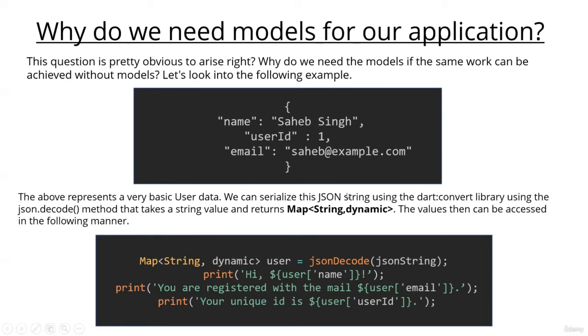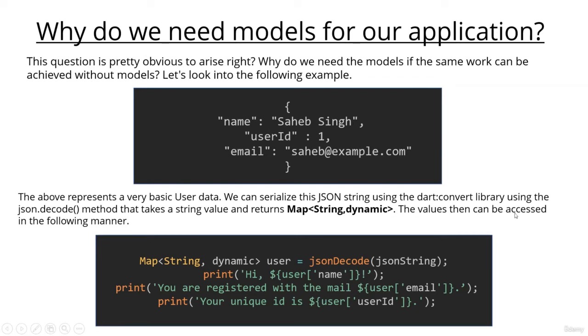So look at this example. Here we have this data in map format: name, user ID, email. The above representation is very basic user data. We can decode the JSON string using the Dart convert library as we were doing earlier, which takes a string value and returns a map value.